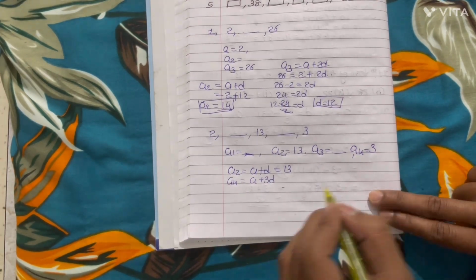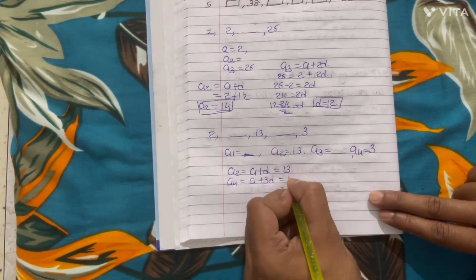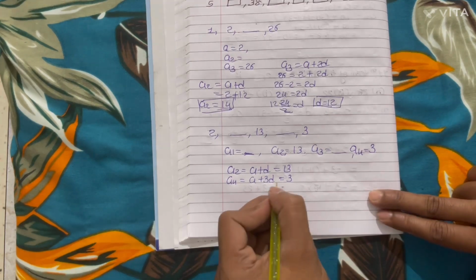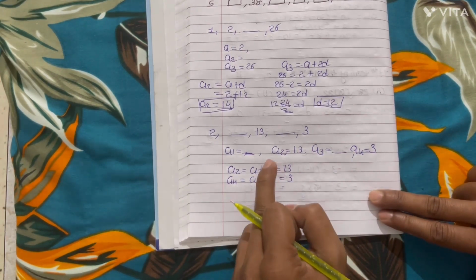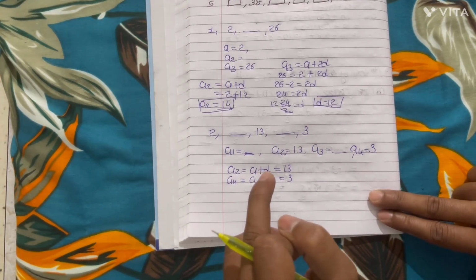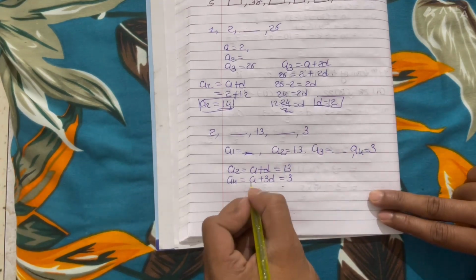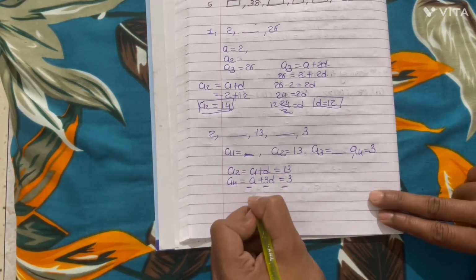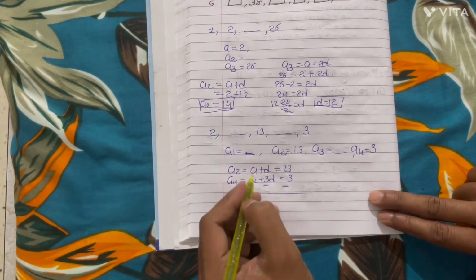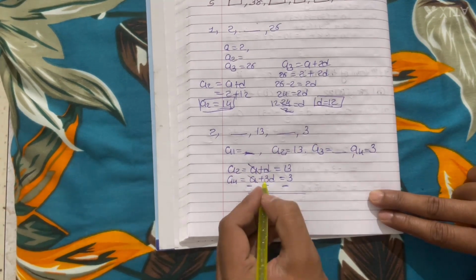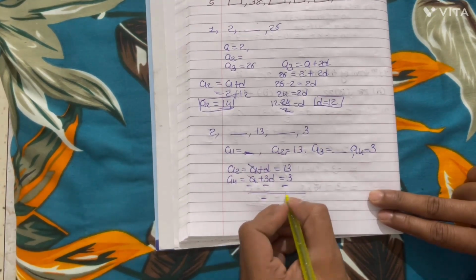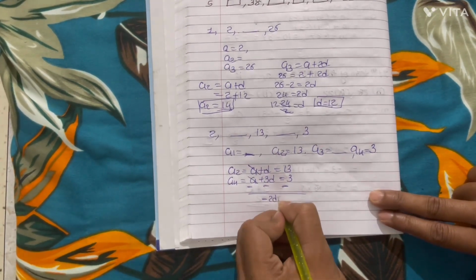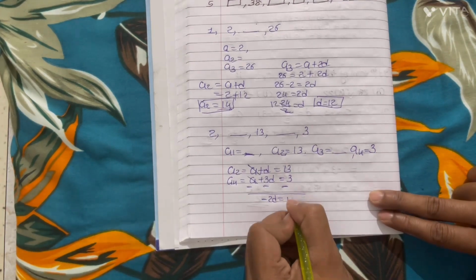And what is the value of a4? We get 3. First, change the sign. We can solve this by the elimination method. Then change the sign. So we get the value of d. A cuts, we get d minus 3d, which means we get minus 2d is equal to 10.